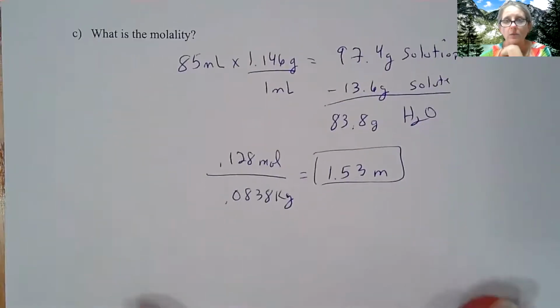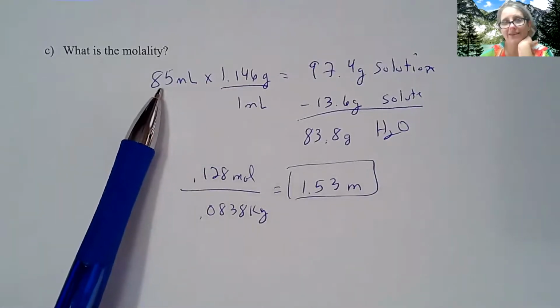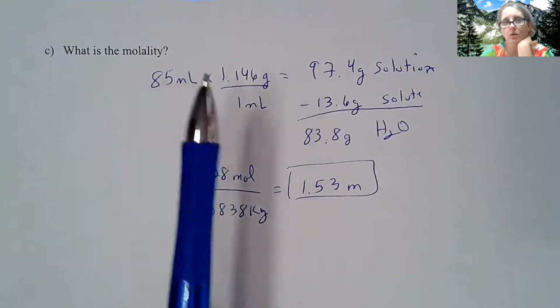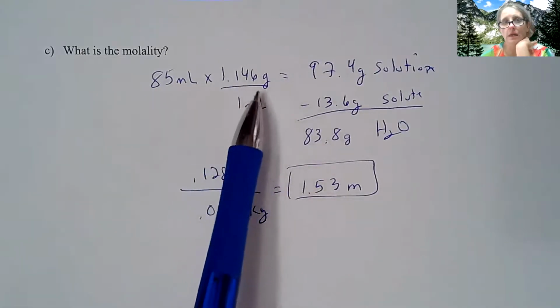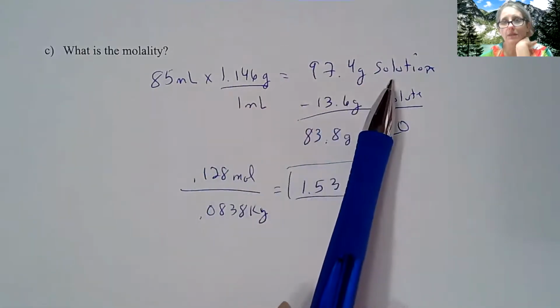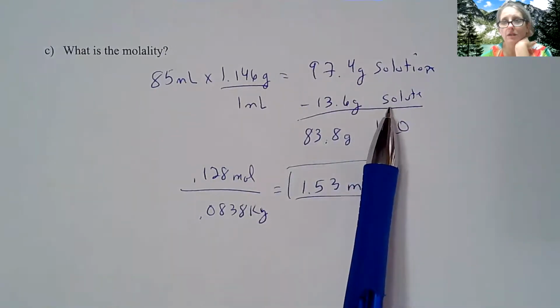So the tricky one was the molality, because I don't know how much water I have in there, I know how much solution I have. So I was told I have 85 milliliters of the total solution, and I do have the density. Anytime you see density, use it. So that's going to mean how many grams of solution I have total. Well, I know how many grams of the solute I have.